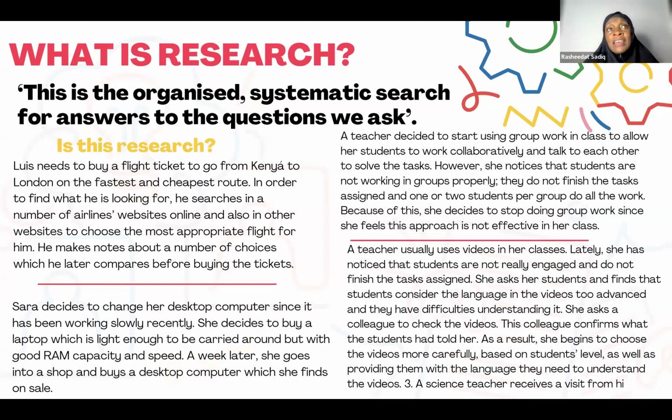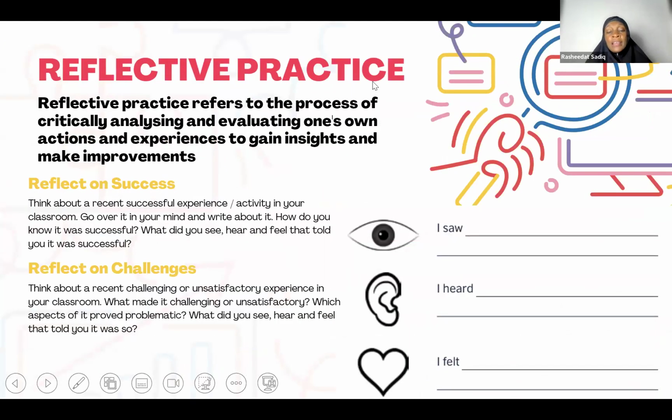And she might actually not have noticed correctly, because that's something we find sometimes when we investigate, that what we think we're seeing is not what is actually happening. But for the second teacher, she took time to investigate through asking her students and also involving her colleague. All right, so now we have a general idea of what research is and what it isn't.